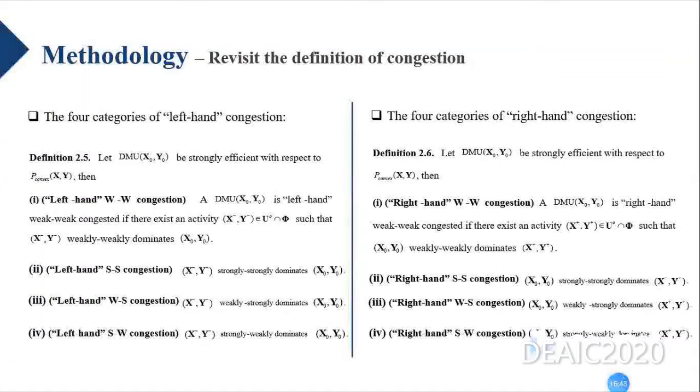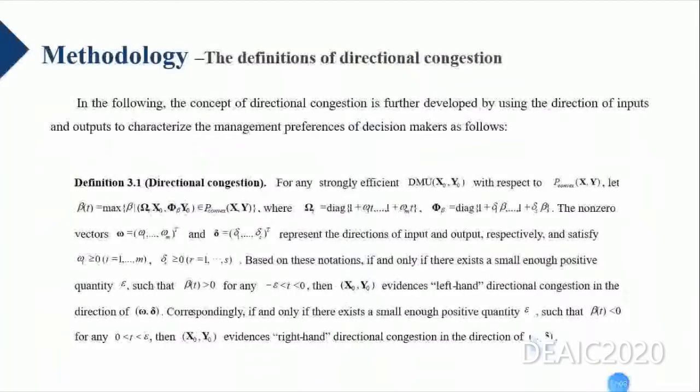It is consistent with the traditional classification of congestion. In single input and single output case, there is no distinction among these 4 categories of congestion. These above theoretical contributions have made it clear that congestion characterizes the local properties of an efficient DMU.